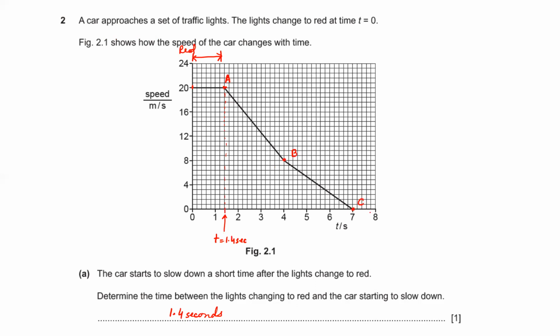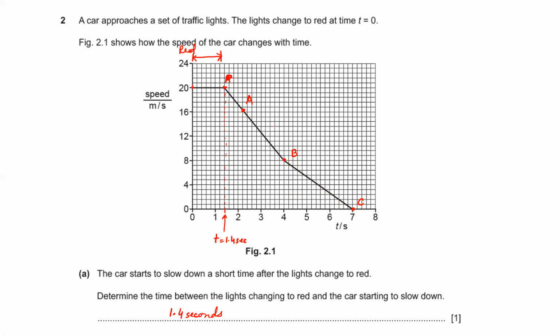So A, B, and C. So we have labeled 3 points. At 2 seconds I label it as A, at 4 seconds it is B, and at 7 seconds C.